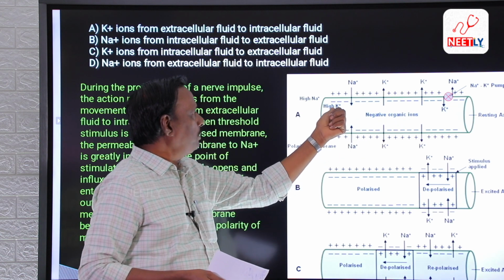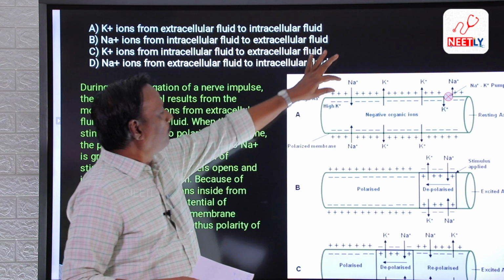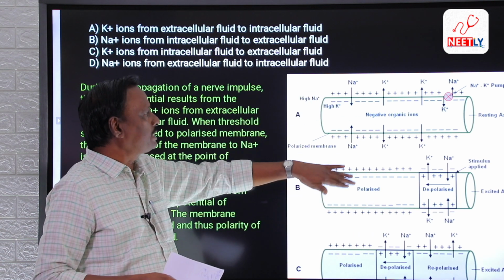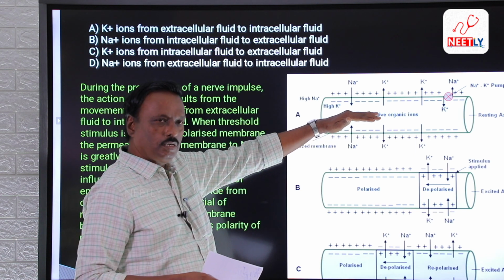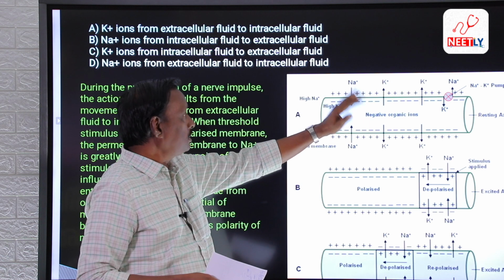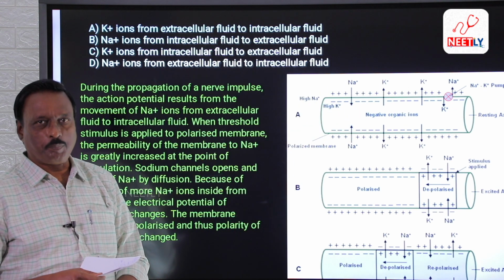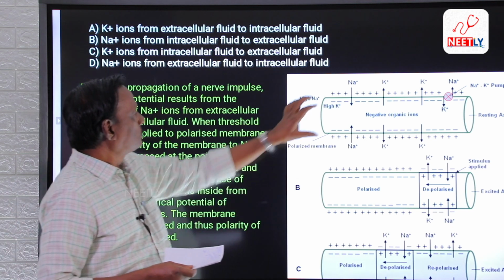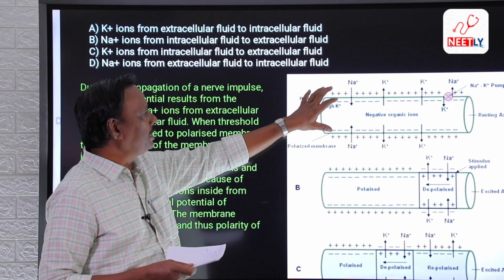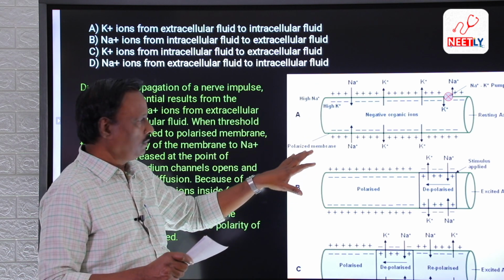It has a high potassium concentration, and chloride ions are also inside, but there is no entry of sodium inside this axon, inside this nerve, because there is a pump, the sodium potassium pump, and this pump is completely closed when the organism is at rest, when it receives no stimulus.